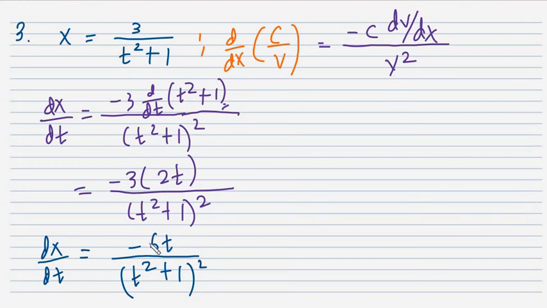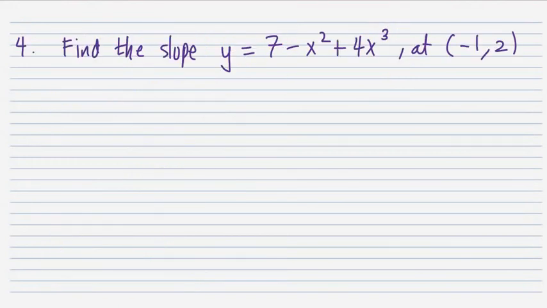And then for our bonus question, we have: find the slope of y is equal to 7 minus x squared plus 4x cubed at negative 1, 2.